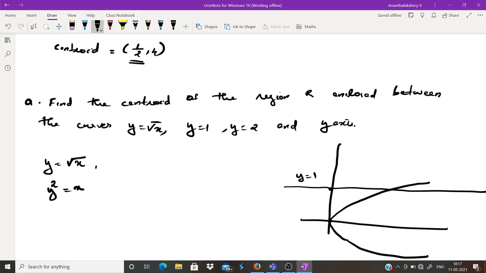Sorry, I will write it smaller. Let me just rewrite. The graph is like this: y equal to root x, y equal to 1 and y equal to 2 here.